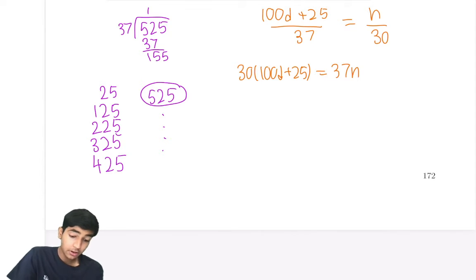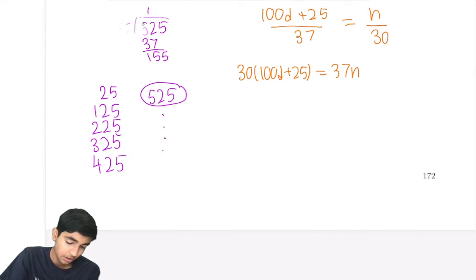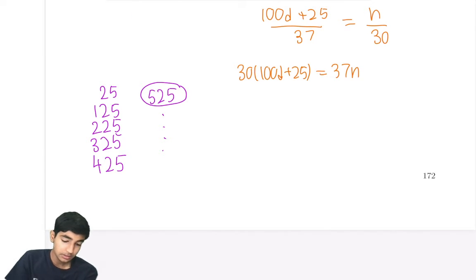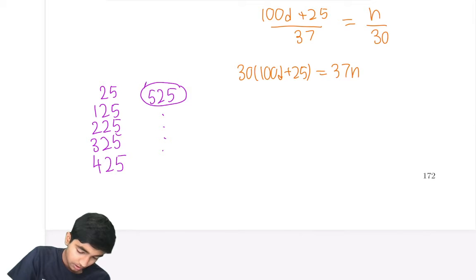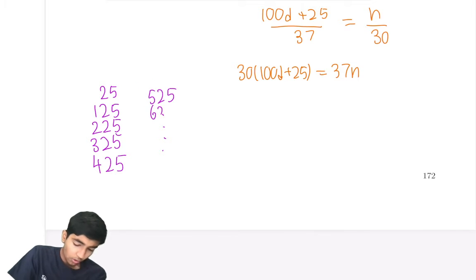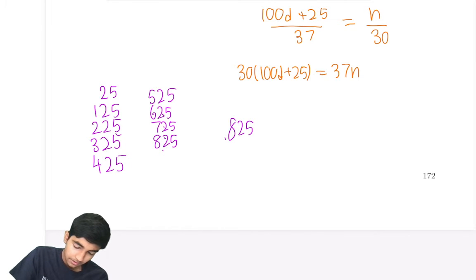Or actually, never mind. It turns out 525 is not divisible by 37. So, sorry about that. We can keep going. 625, 725, 825. Is 825 divisible by 37?